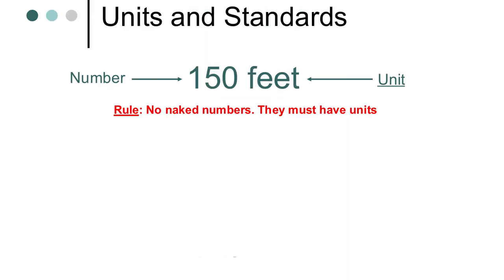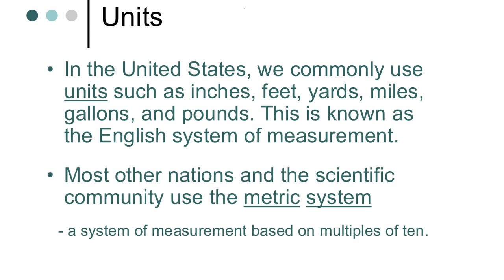So a measurement has to have a number and a unit. A number and a unit. You can't just give me a number. No naked numbers. They must have units. There are two systems of measurements. In the United States, we use primarily the English system of measurement.